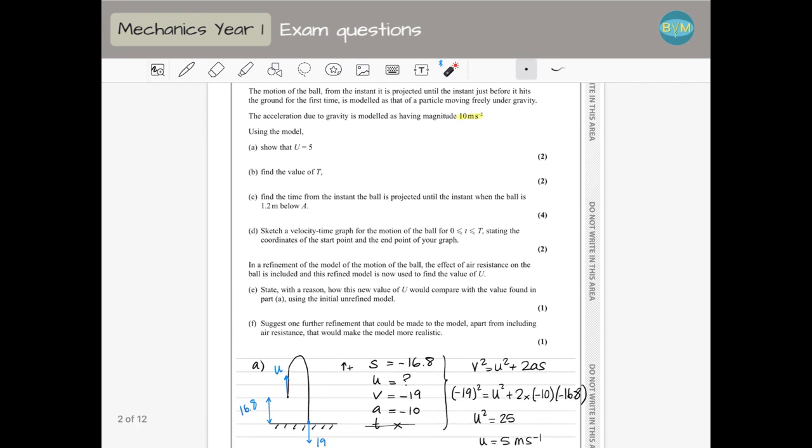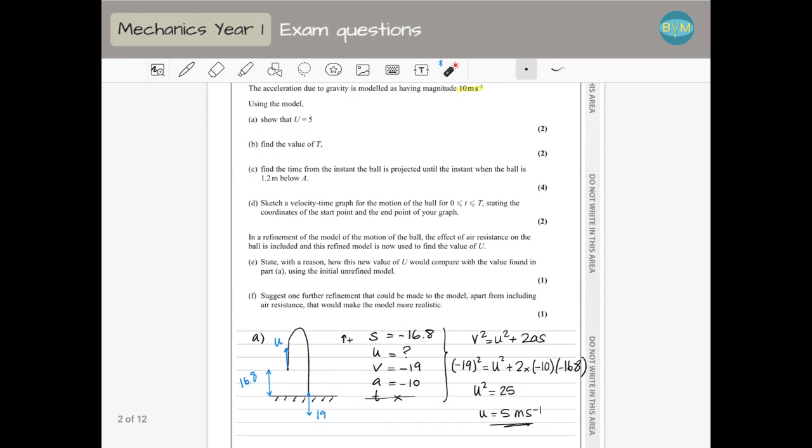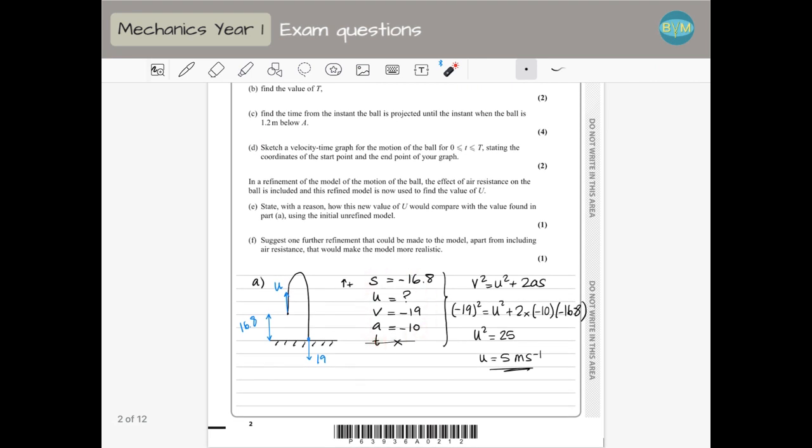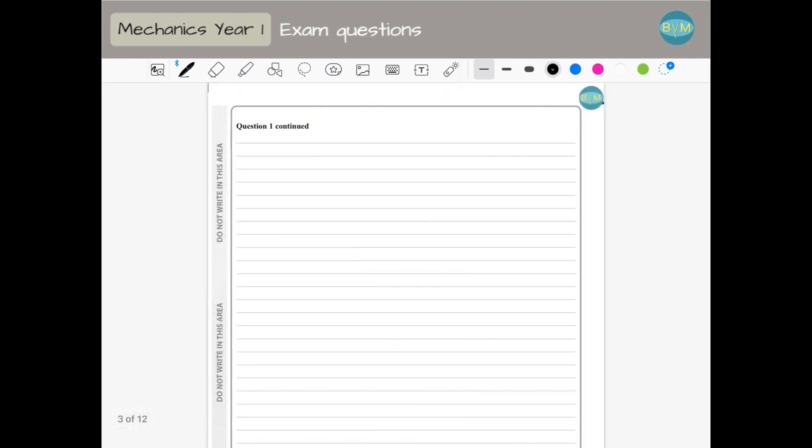Then for b, we need to find the time. So we are going to use the same thing, but now we need an equation with t. And it doesn't matter which one we use. So we can use the simplest one, which I think is v is u plus at. V is minus 19, u is 5, and the acceleration is gravity, so minus 10.